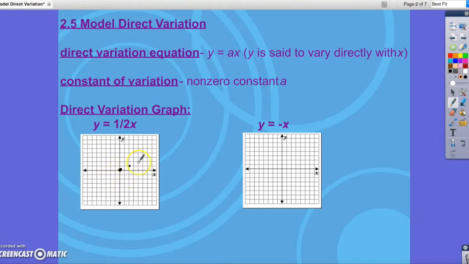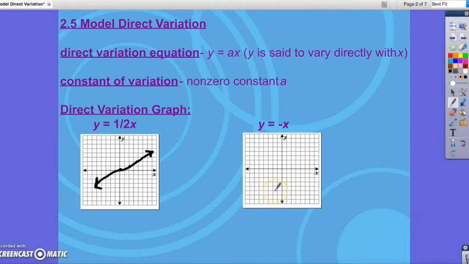I'll do it one more time, up 1, right 2. And I connect all the points. My line's a little crooked there, but get the idea. My line has the origin as the y-intercept, so it will always cut through the origin, 0, 0.